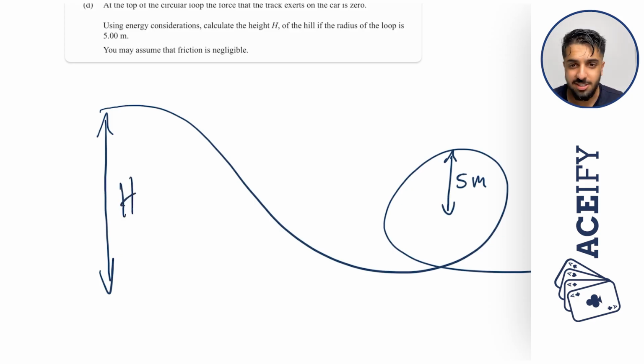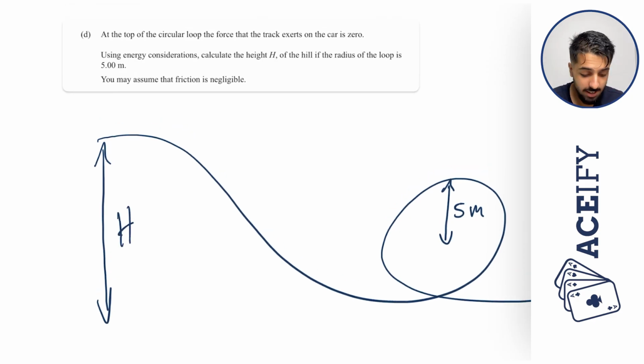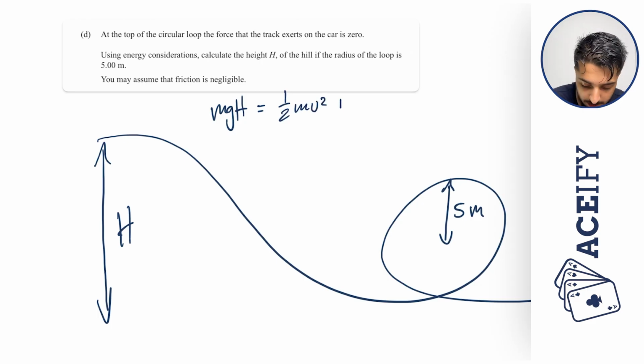So using energy considerations, we know that the energy at the top, the gravitational potential energy, has to equal the gravitational potential energy at this point plus the kinetic energy that we have at that point because the car is now moving. And so mgH, that is the height, is equal to half mv squared plus mg2r.